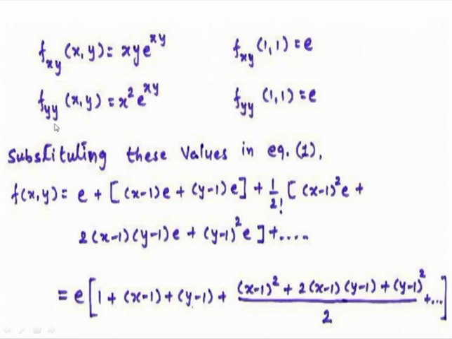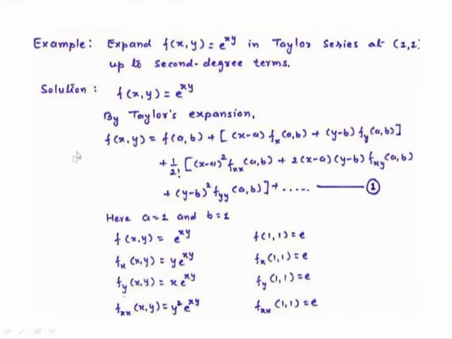So fyy at x, y is x square e raised to xy, so fyy at 1, 1 is e again. Substituting these values in equation 1, which is Taylor's theorem, so we are substituting those values.